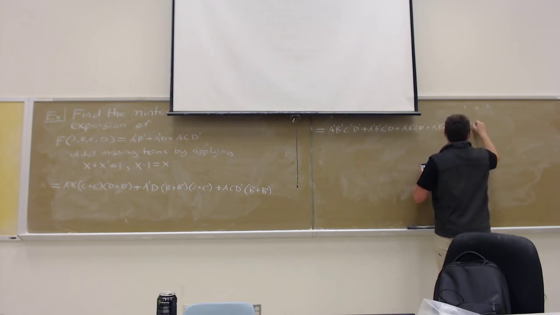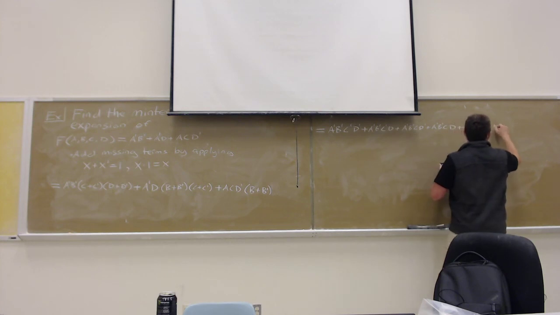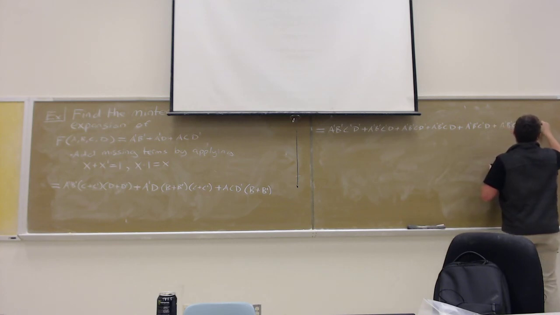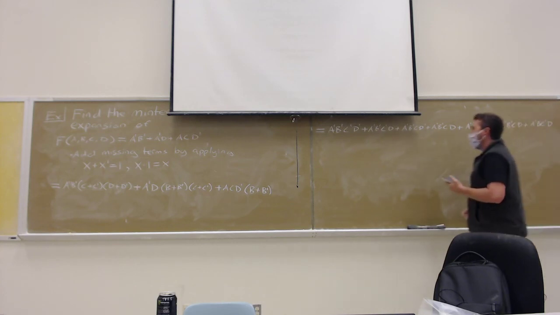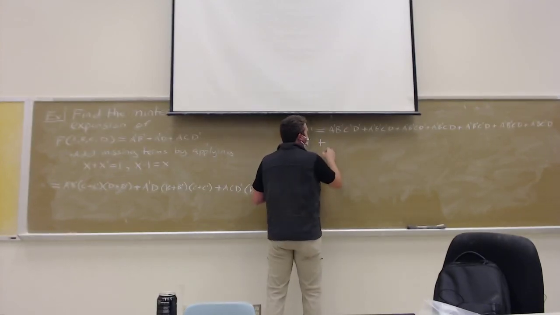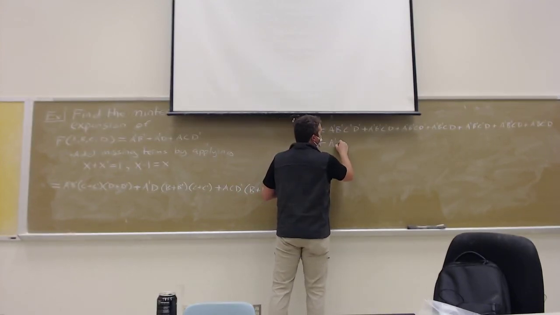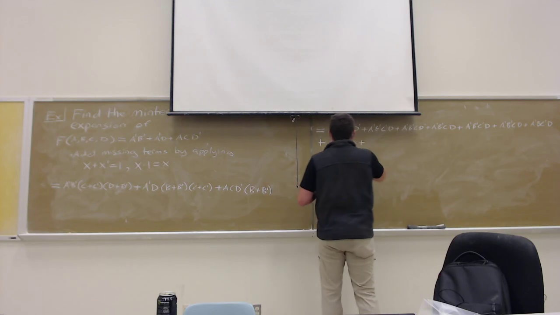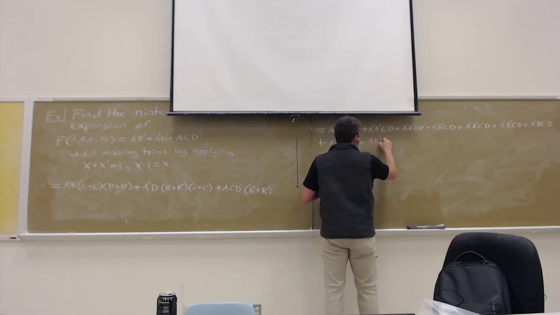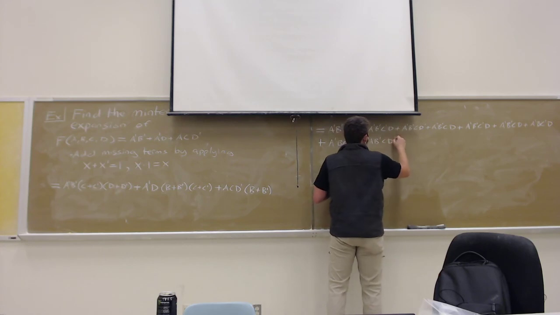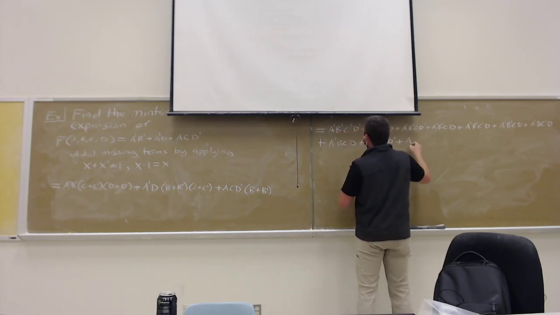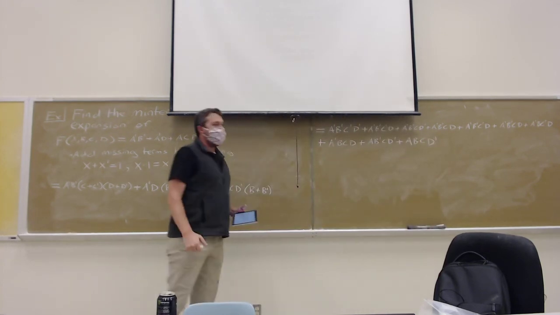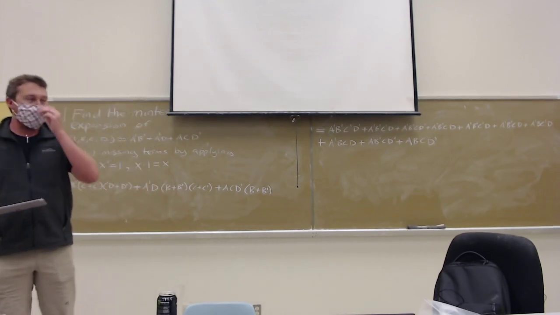So, A' B' C' D, or A' B' C D, or A' B C' D, or A' B C D. And then finally the last one, A C D', is going to give us A B' C D', or A B C D'. All right, like I said, that was long, that sucked, but there's really no way to get around it.